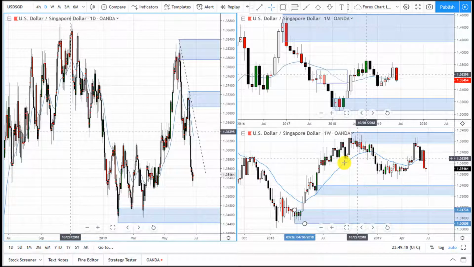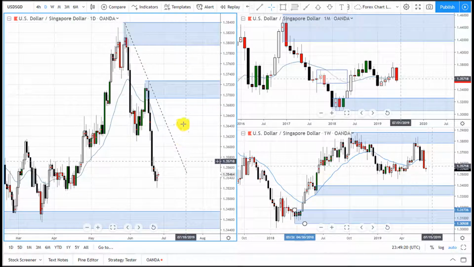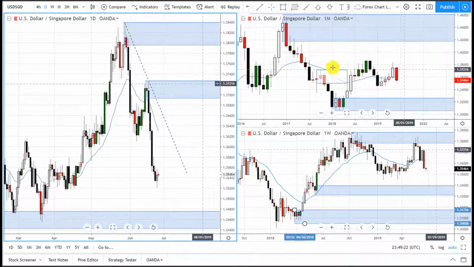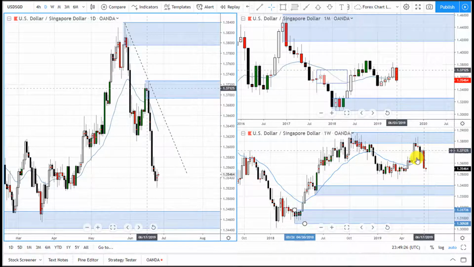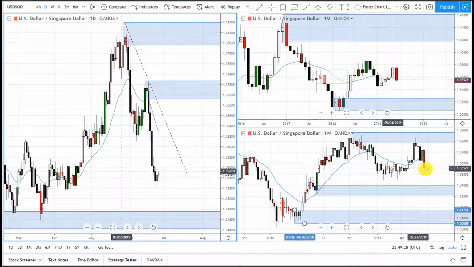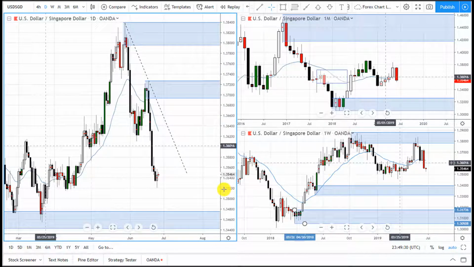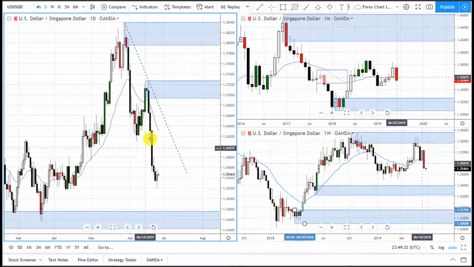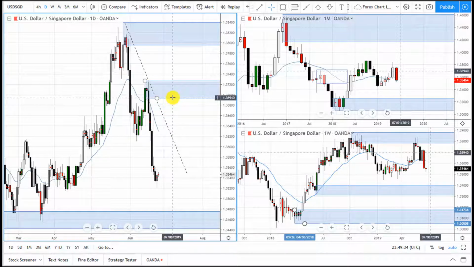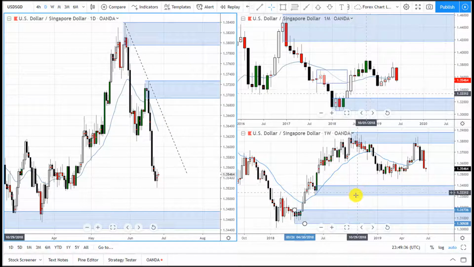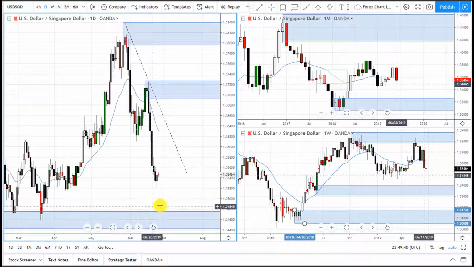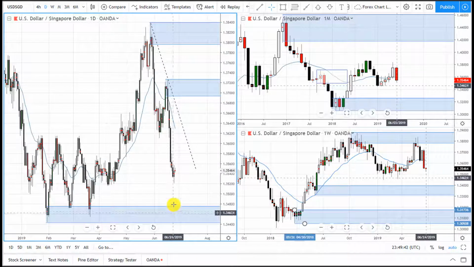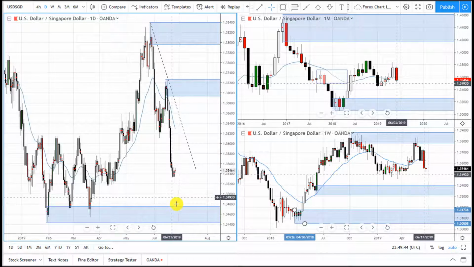But short term and long term, we want to sell because of this bearish engulfing candle on the monthly, this bearish engulfing candle on the weekly, and this strong demand zone. So if price retraces up here, we want to sell. And if price gets down to this first level, we don't want to go long, because this zone is tested, but it doesn't mean that it cannot rally.